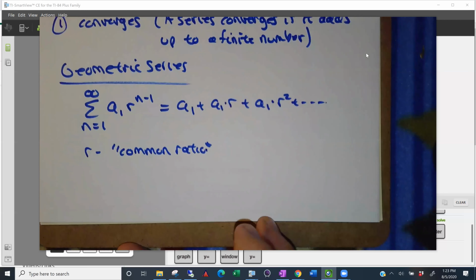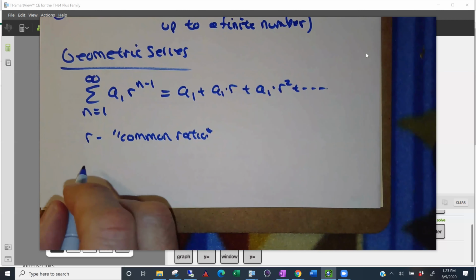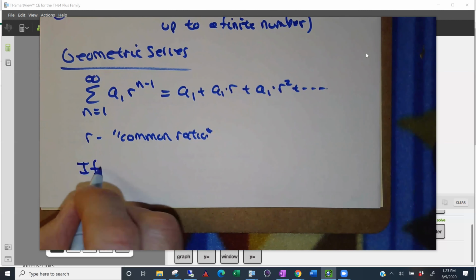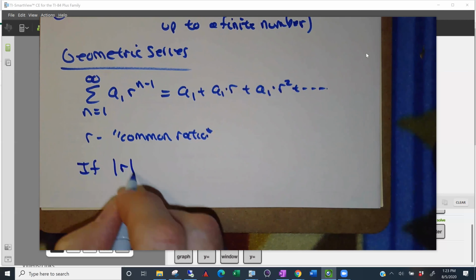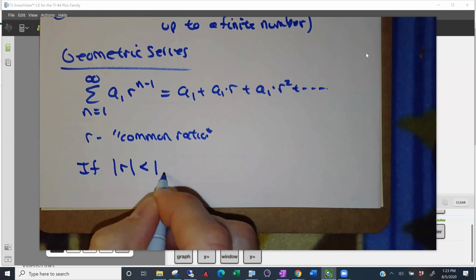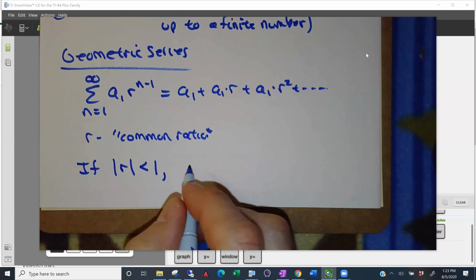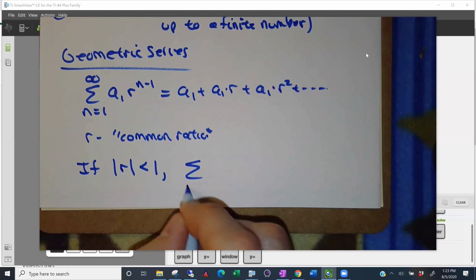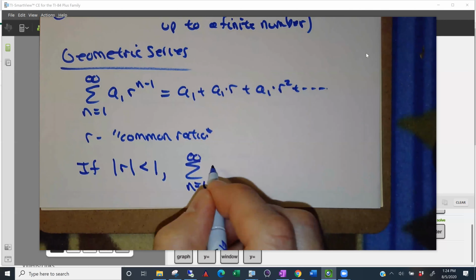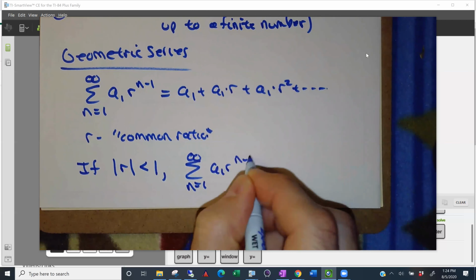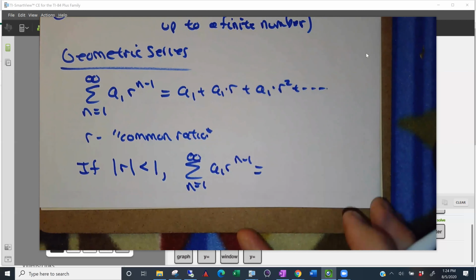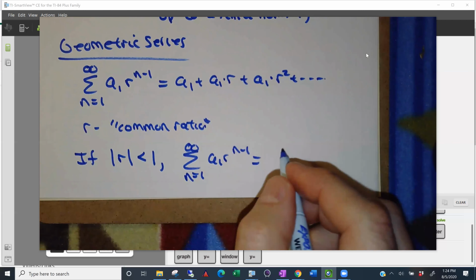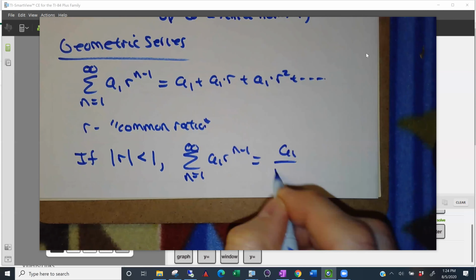And there's something special about geometric series that makes them really cool to work with. And that is, if the absolute value of r is less than 1, then the sum of this series, n equals 1 to infinity, a sub 1 r to the n minus 1, can actually be calculated. And that sum is a sub 1 over 1 minus r.